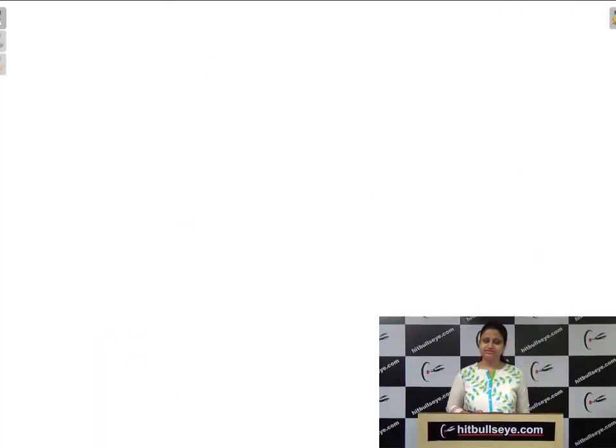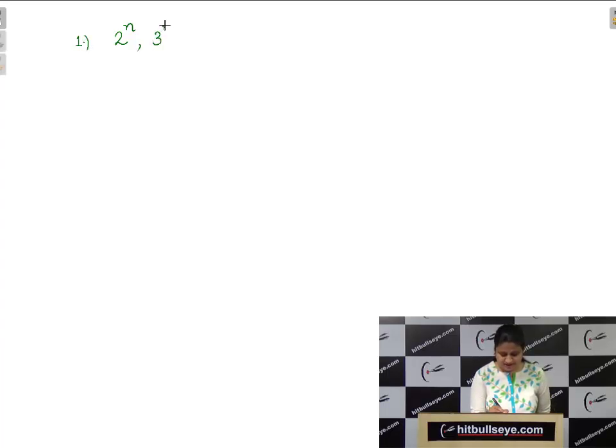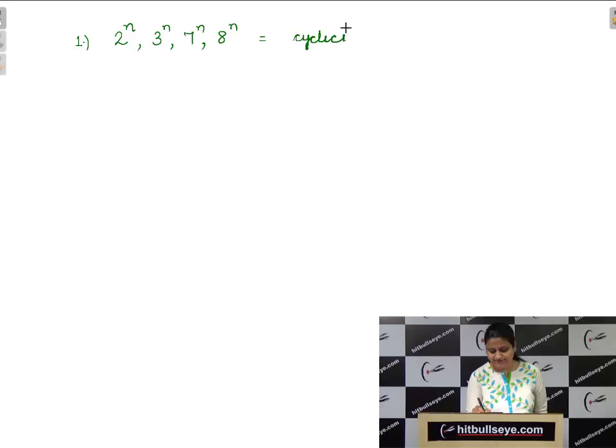So let us write the cyclicity of every number in case of 2 raised to power n, or 3 raised to power n, or 7 raised to power n, or 8 raised to power n. What is the cyclicity? Cyclicity is 4 always, and the cycles are different here. Only the cyclicity of 4 is common to all of them, but all the cycles are different.